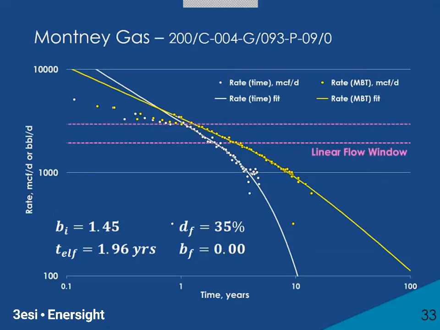Notice the end of linear flow on rate time is 35% decline. I'm betting that no one in this room who's familiar with Montney would ever dream of a 35% terminal decline for Montney, but it's pretty clear from the data on this well that that's what this well is saying. How do you end up with such a high limiting decline factor?